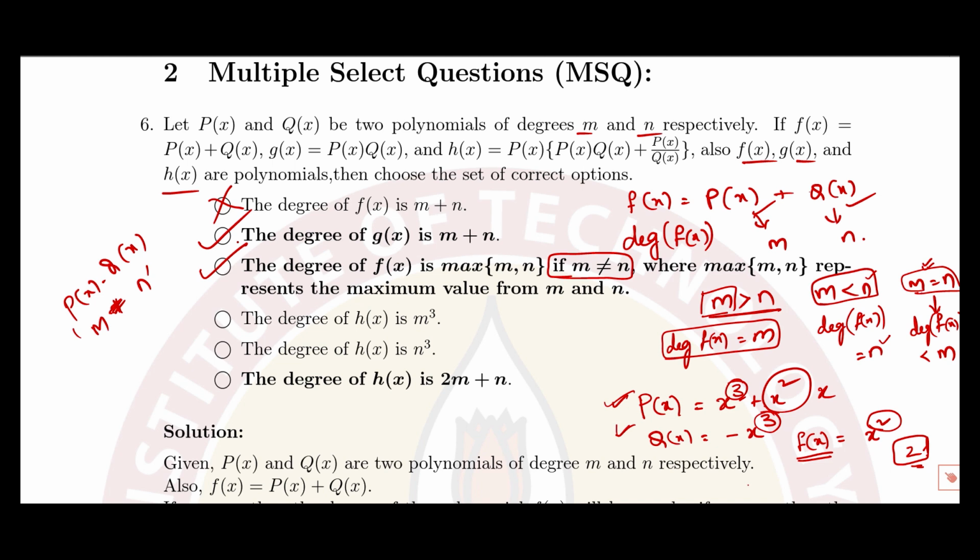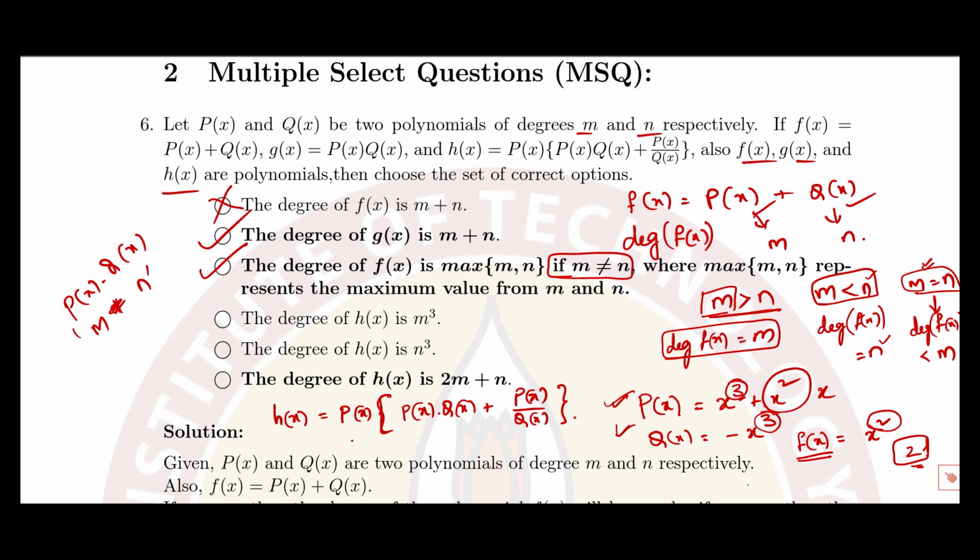The degree of h of x is m cube. So we have to find the degree of h of x now. We have the degree of p of x and the degree of q of x with us. So let us find the degree of h of x. We have h of x is equal to p of x times, p of x times q of x plus p of x by q of x.